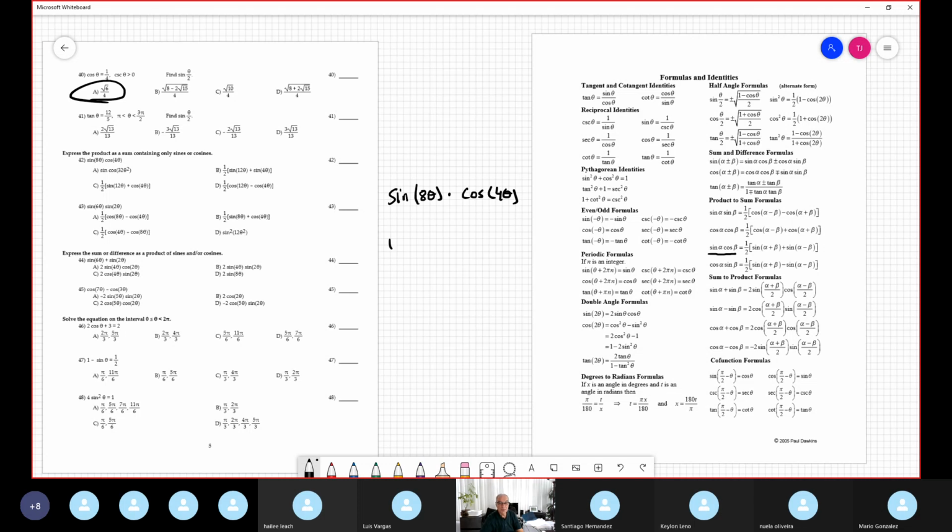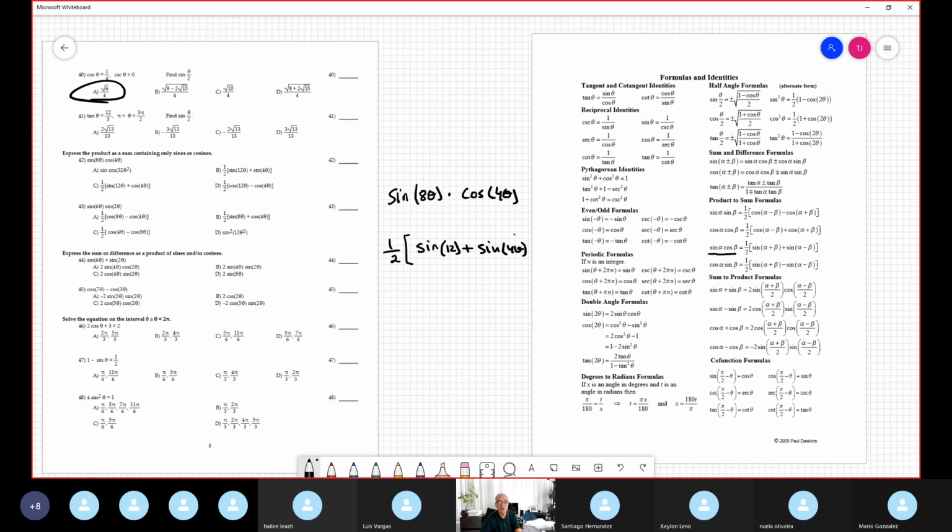So 1/2, bracket, sine of the addition, 8 theta plus 4 theta, 12 theta, plus sine of the subtraction, 8 theta minus 4 theta.